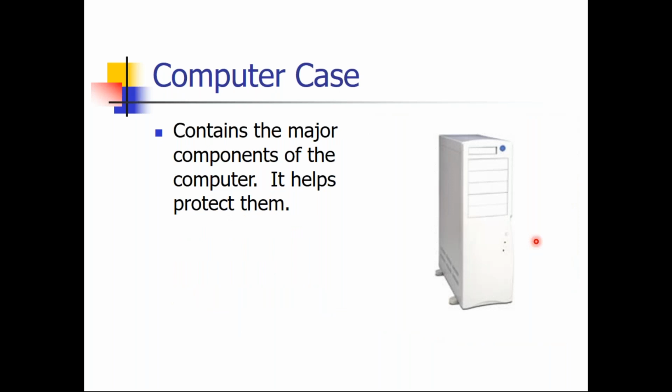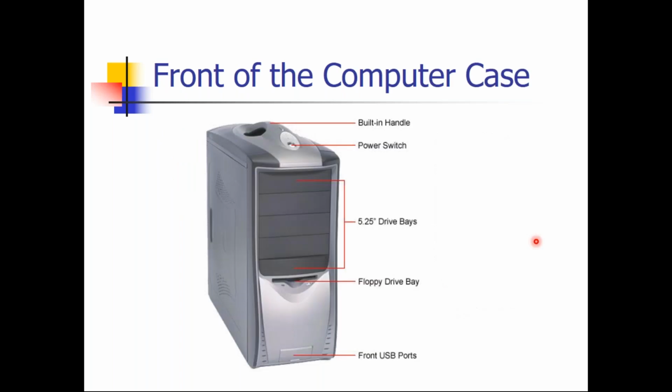And the computer case will be looking like this, the box, system unit box. This is the front side of the computer case. Okay, we are going to have some sort of additional components attached to the computer box or system unit here, like a DVD drive or something other than that.